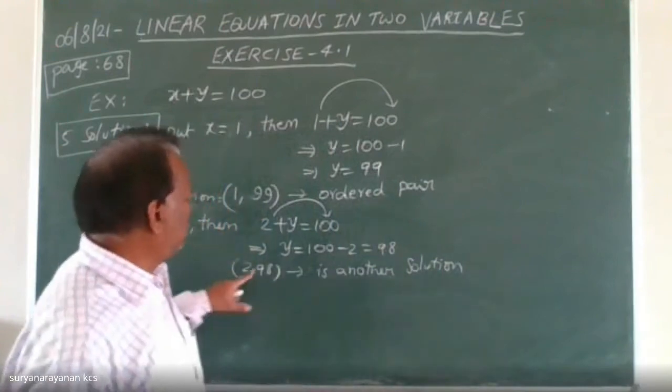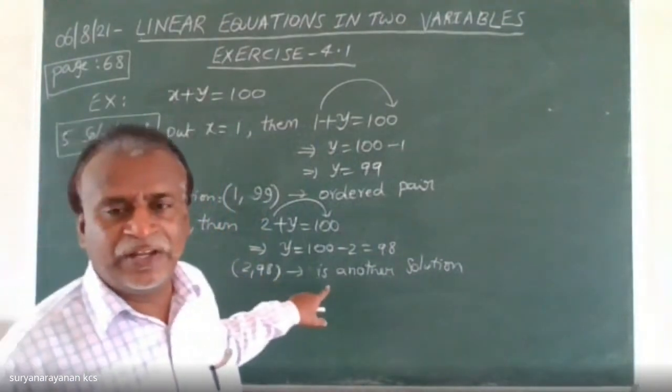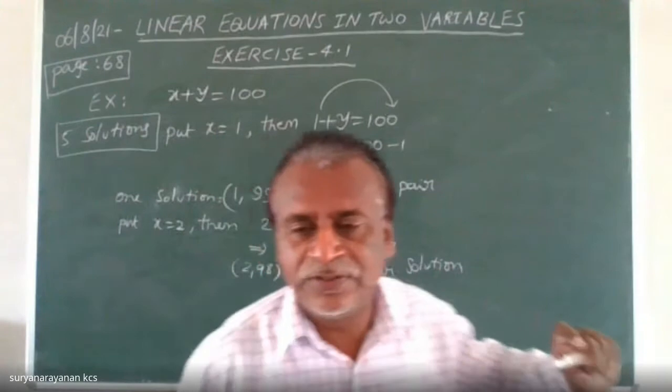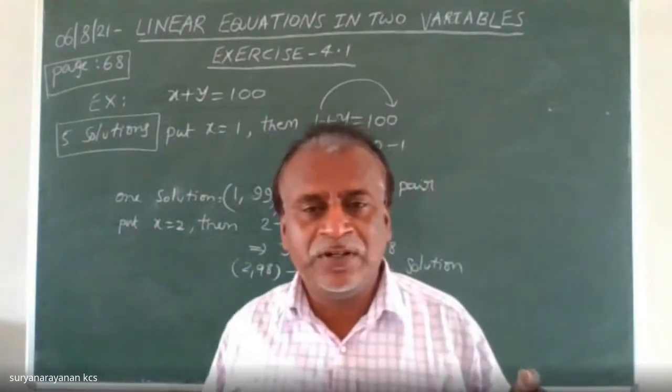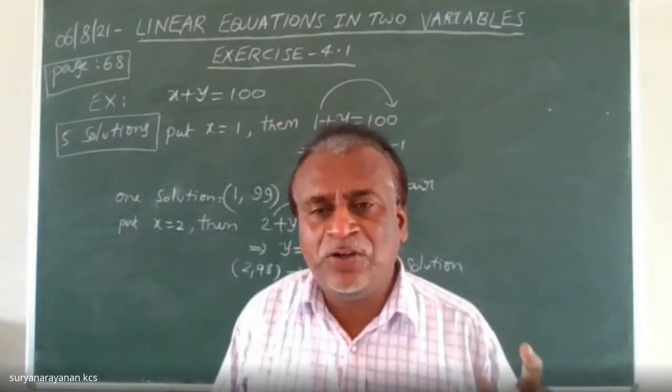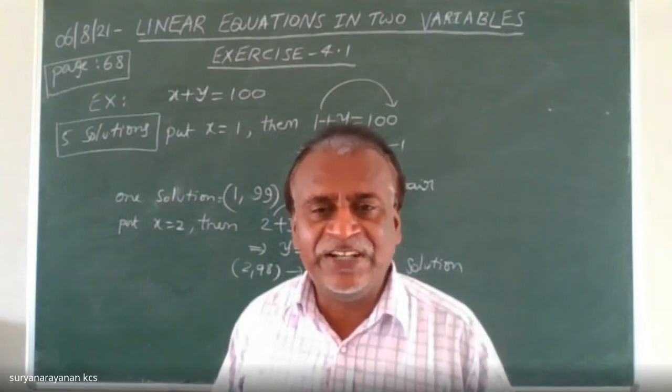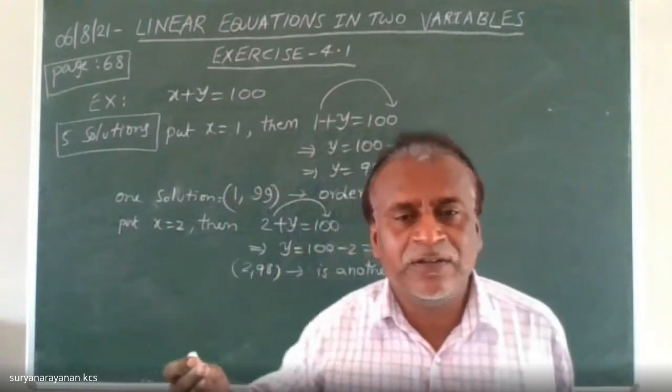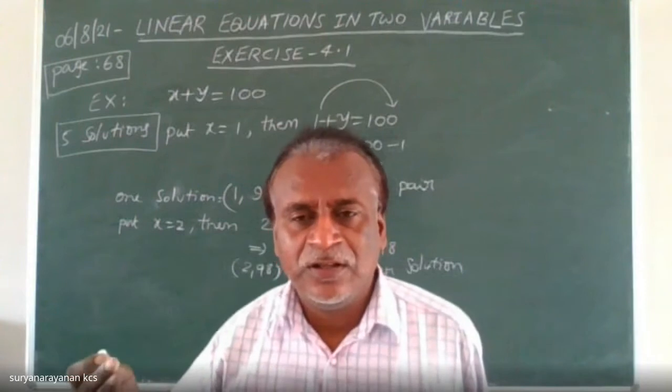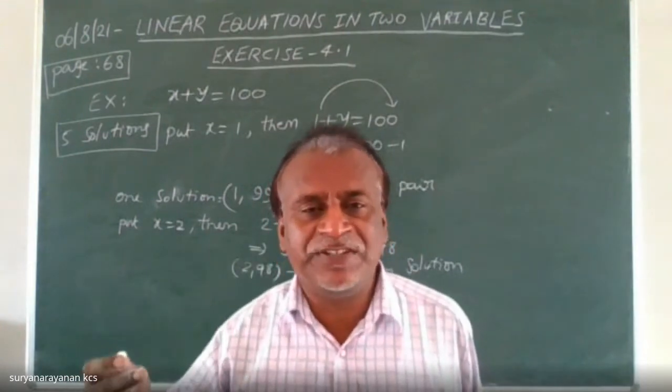So this is another solution for a linear equation in 2 variables. Now tell me the conclusion. I will conclude this point in one sentence. In which form do you represent a solution of a linear equation in 2 variables?